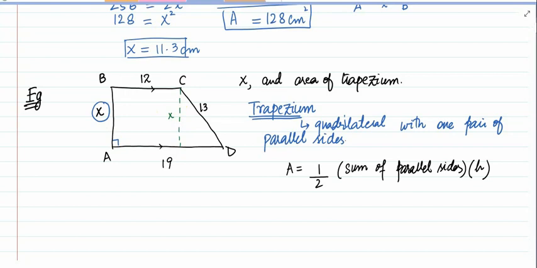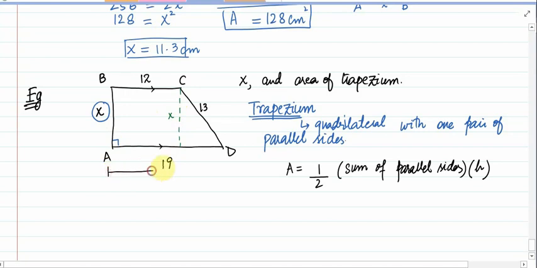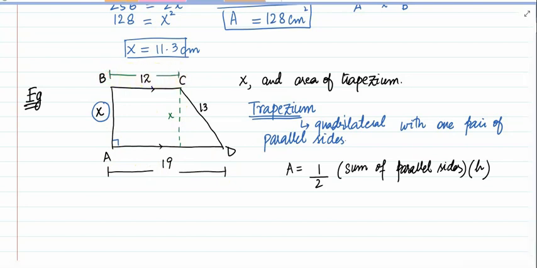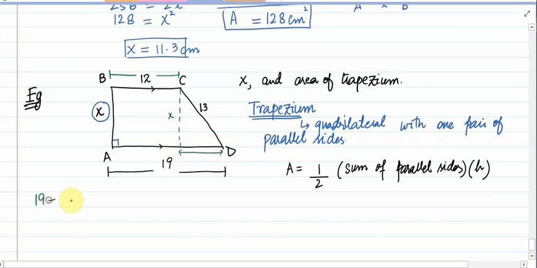Now from A to D we have a length of 19. From B to C we have a length of 12. So if I subtract 12 from 19, I will get this length, right? So this length will be 19 minus 12, which is equal to 7. So the length is 7, right?